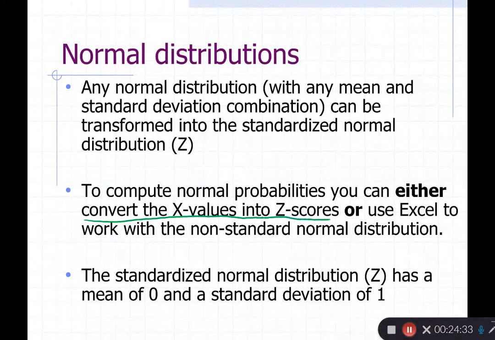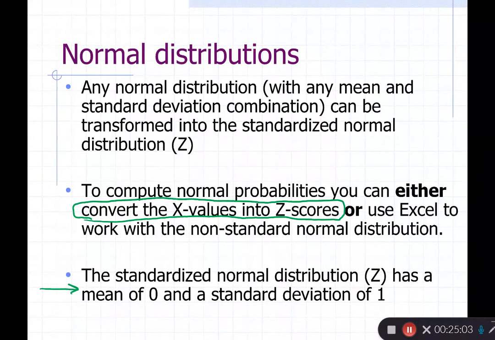That means taking a non-standard normal distribution and converting it into a standard normal distribution. When you do that, you're changing the mean and the standard deviation into the values 0 and 1: 0 for the mean and 1 for the standard deviation.